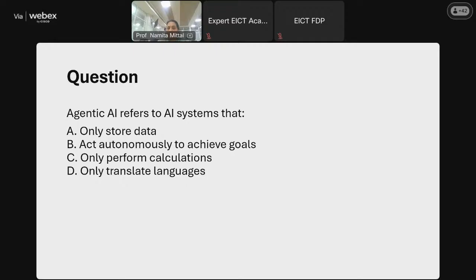Act autonomously to achieve goals. Yes, Priyanka, it is B. Only perform calculations? No. Only translate languages? No. It is more than that. It may use data and do some comparisons, maybe some translation also, but anyhow, it acts autonomously to achieve the goals.